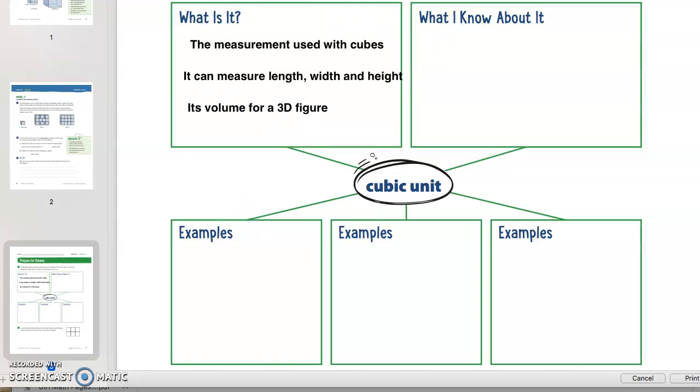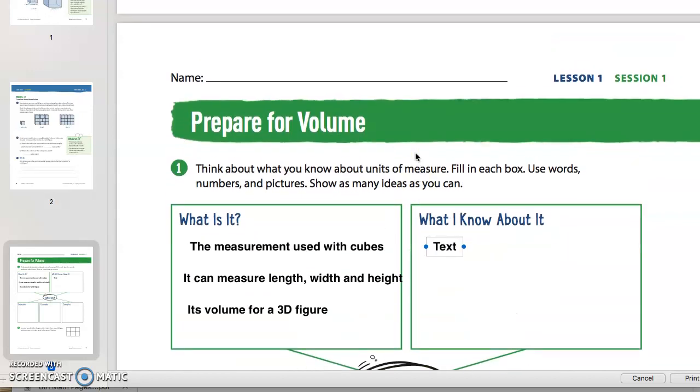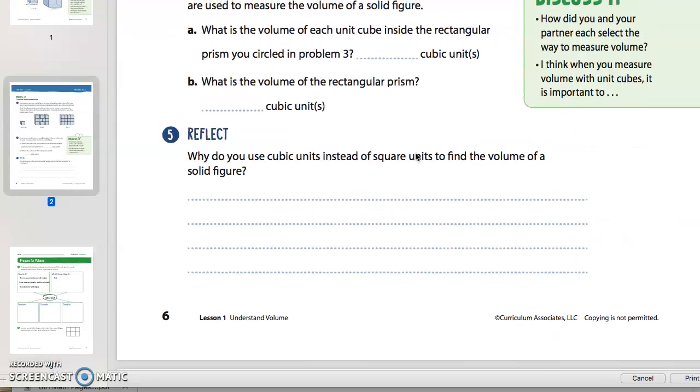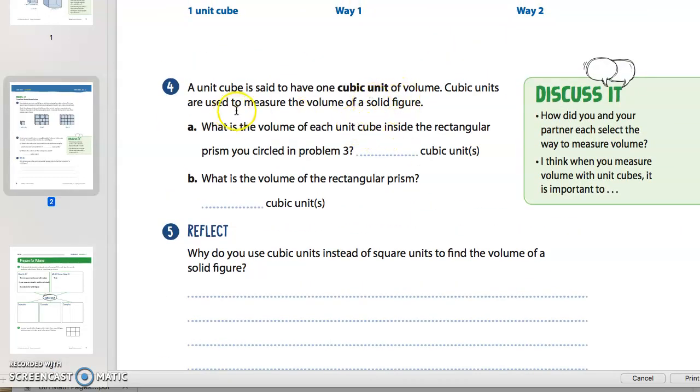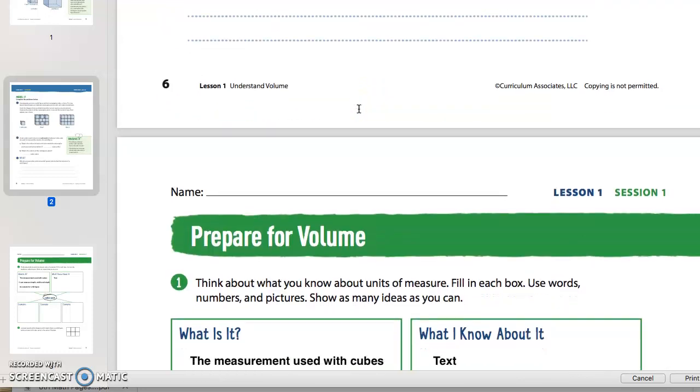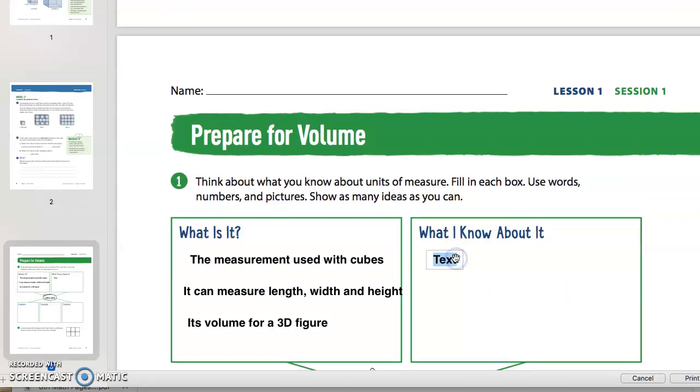And then what do you know about that? So like it's measurement. It's just additional information. So what is a cubic unit? I put those 3 things. Cubic units are used to measure the volume of a solid figure. So we can say it is used to measure the volume of a solid figure.